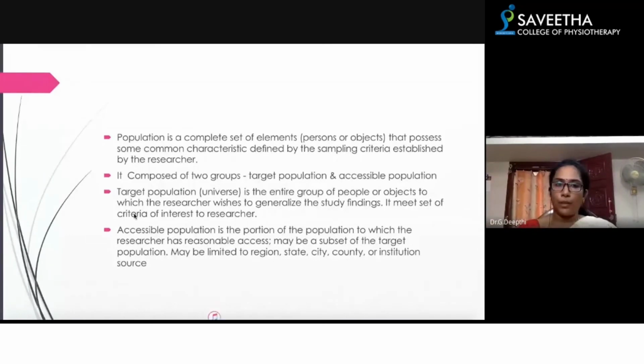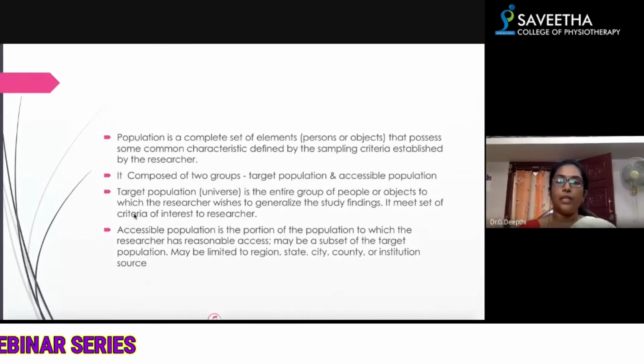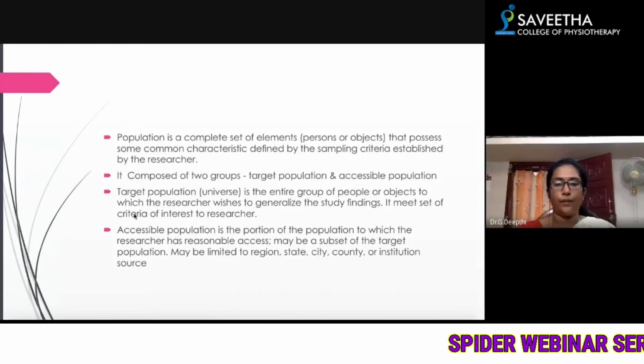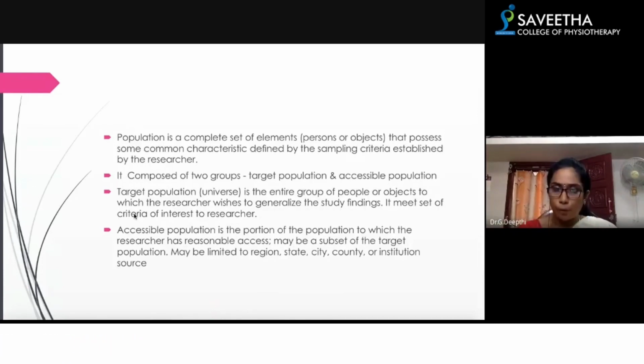The target population: if I say knee pain patients, that is the whole population. My target population is the persons who have knee pain caused by an ACL injury. I narrow down my topic. Patients with knee pain are a big group, and I narrow down to the ACL injury. So that is the target population.